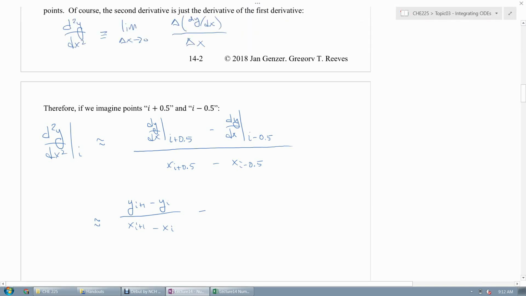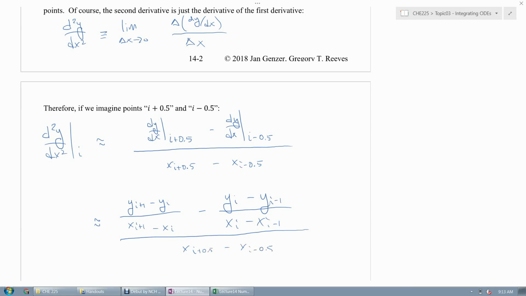And since it's central difference, it will be symmetric around I minus a half, so you have yi minus yi minus 1, all divided by xi minus xi minus 1. That is all divided by the same denominator that we had before, xi plus a half minus xi minus a half. Again, these are still imaginary quantities. Or not imaginary, but they're fictional, right?